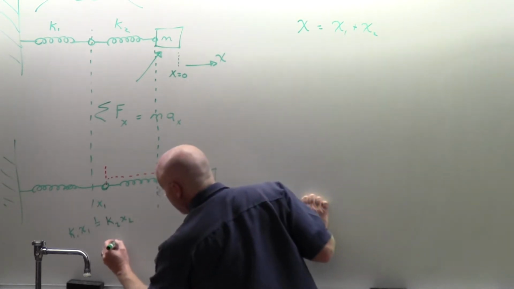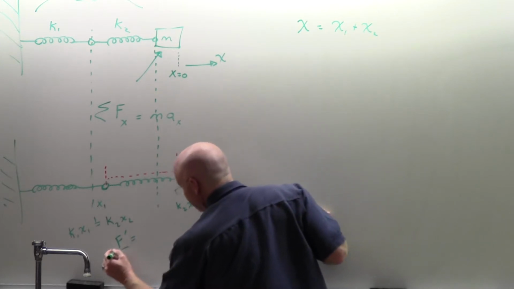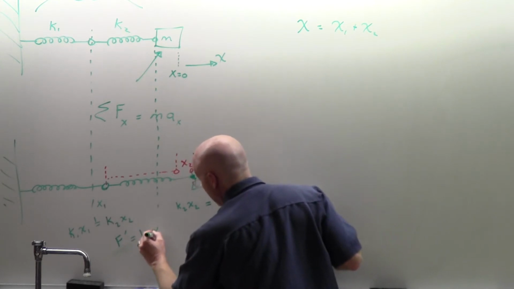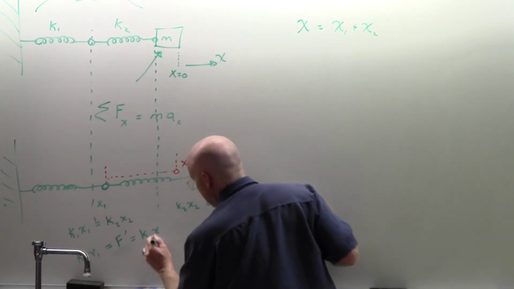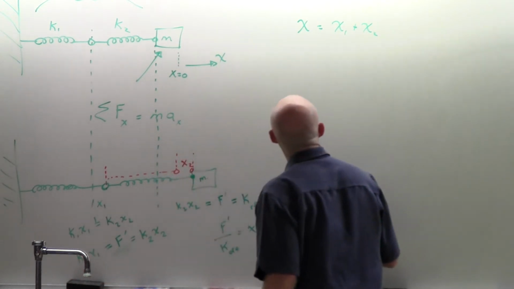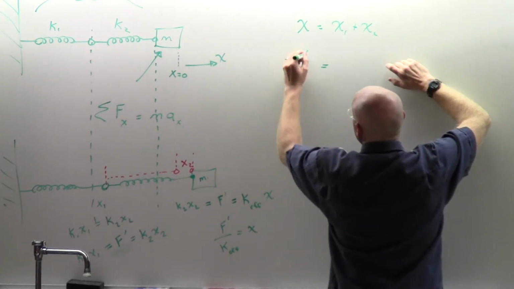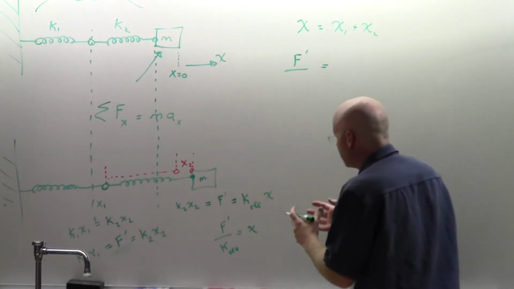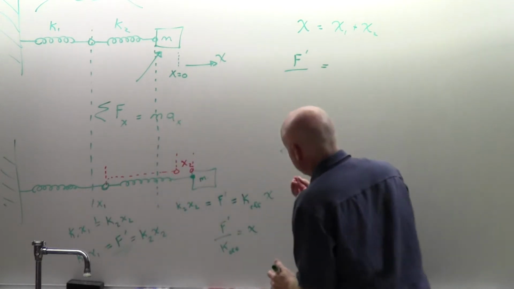Over here, this force F prime is K1 X1, and this is K2 X2. So as I put this together, this is the force on this block. It's also, for that matter, the force between the two springs.